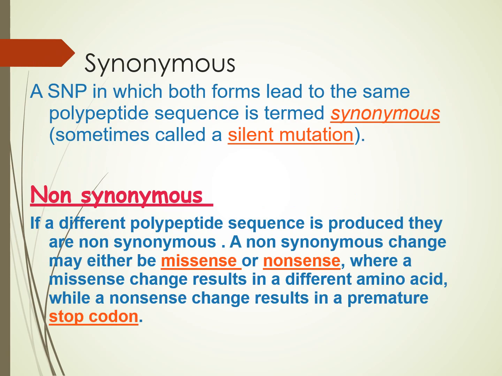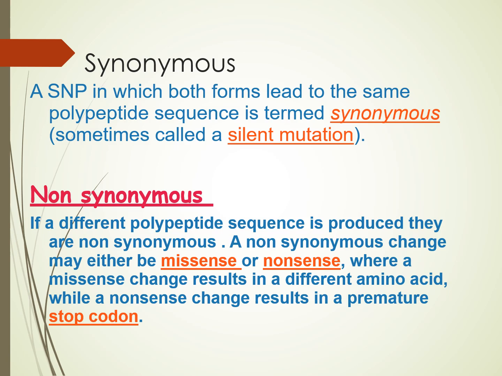Then for the coding region SNPs, there are again different types. First one is synonymous. It is also called silent. The SNP in which both forms lead to the same polypeptide sequence is termed synonymous. Sometimes it is called silent mutation.